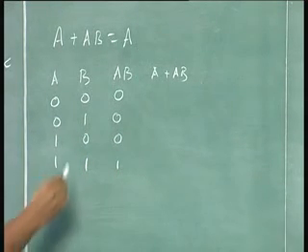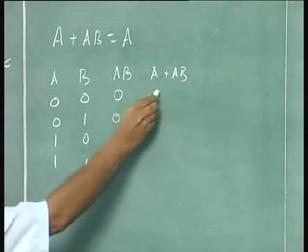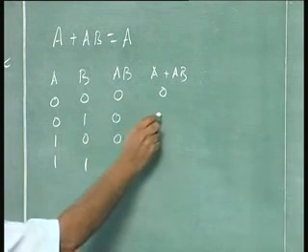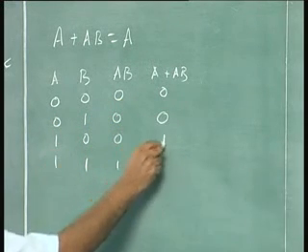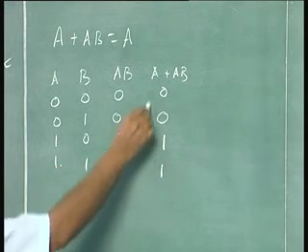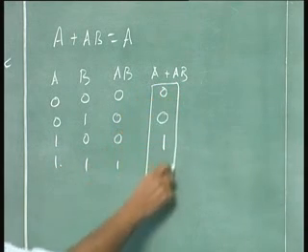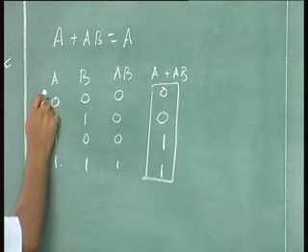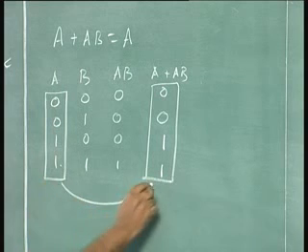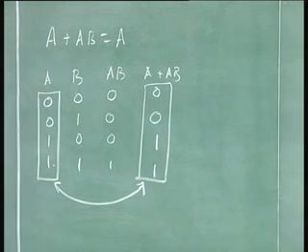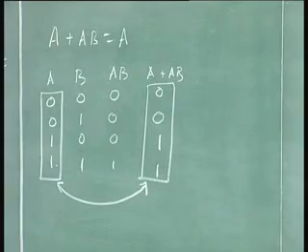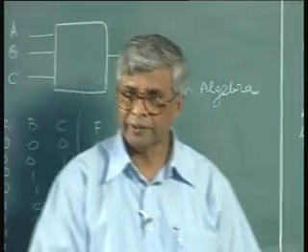And A or AB is this or this, which is 0, this or this is 0, 1, 1. So this is the same as A. This is one other way of proving Boolean algebra or Boolean identities, any Boolean identities.